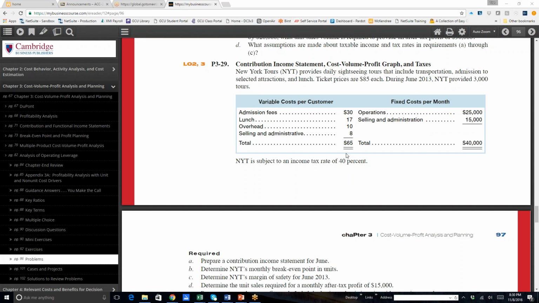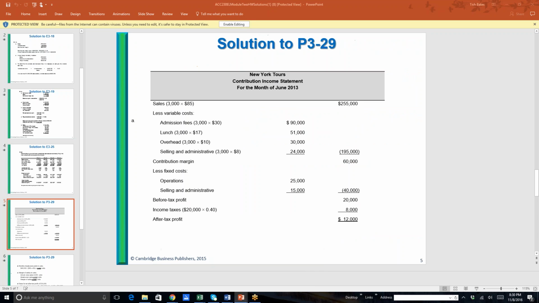And I think I got that, but for some reason I didn't think about admission fees, lunch, and all of that. I didn't even consider multiplying those times 3,000 as well. I don't know why it didn't occur to me, but I totally didn't do that.